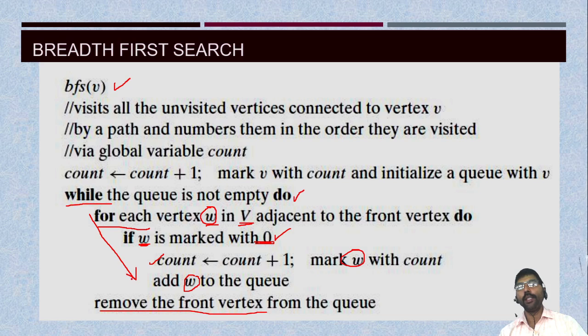Identify all the adjacent nodes from that, mark them, add them to the queue, and remove the front vertex. This process continues until our queue becomes empty. Once the queue becomes empty, exit the BFS. Like that our algorithm works.